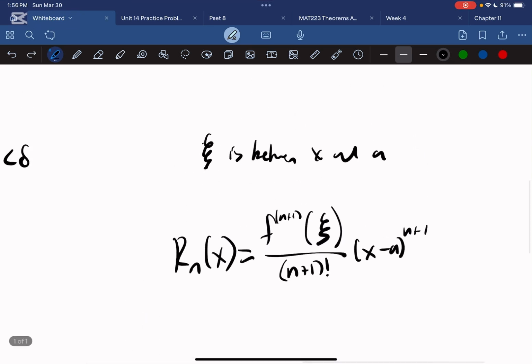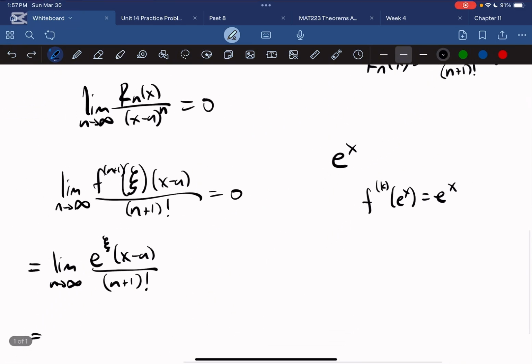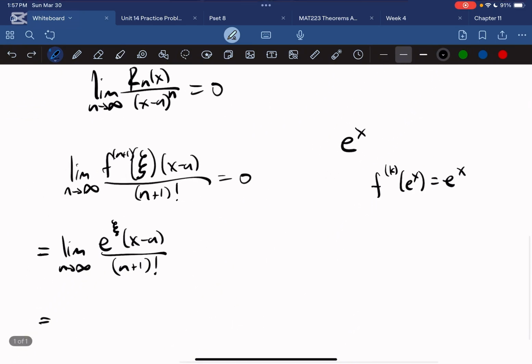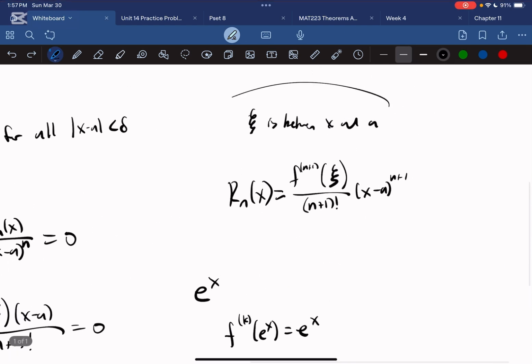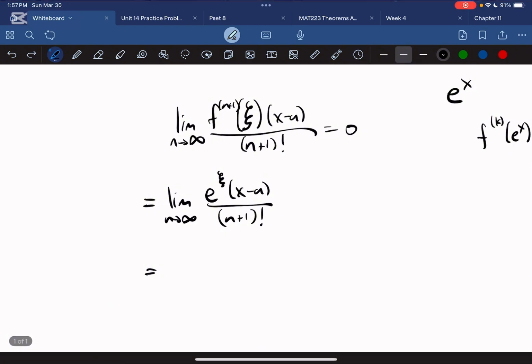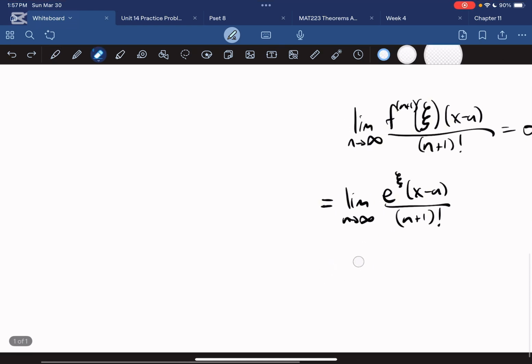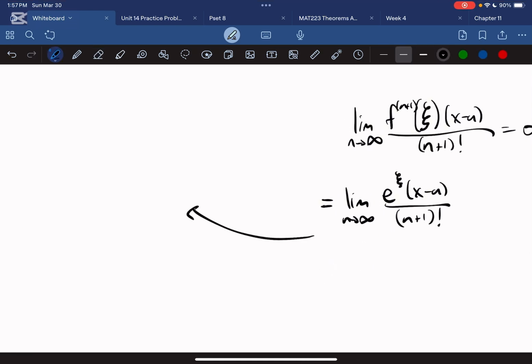Yes, it's between x and a, but it depends on Rn, so we don't exactly know. But that's okay because, like we said, xi is between these two numbers. If we can show that it's bounded and those bounds go to 0, then we've proven the inner bound goes to 0. And I'll illustrate this like so.